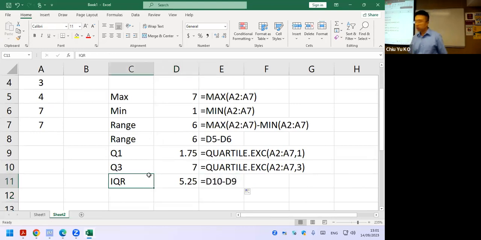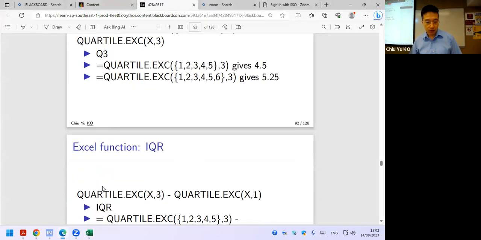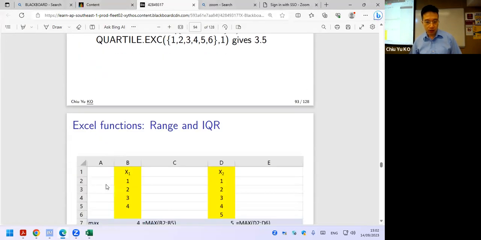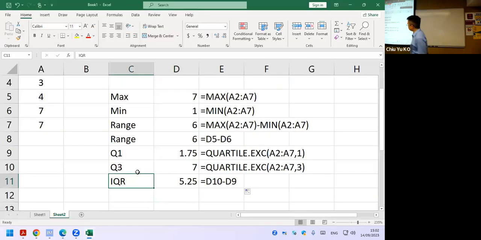So as I said, do we have IQR directly? I think we have, right? Oh, no. So there's a function. If you want to calculate IQR in Excel, this is how. Is that clear?